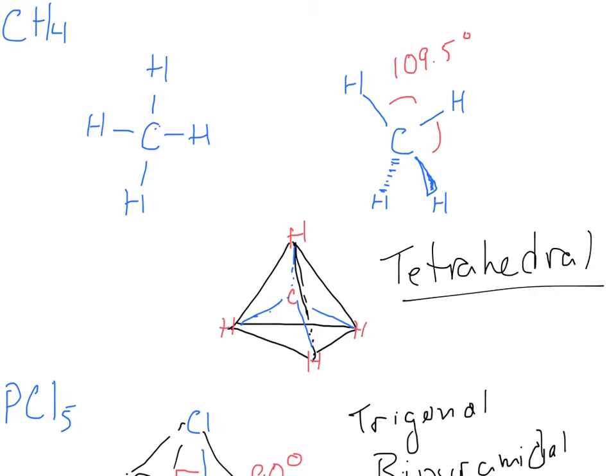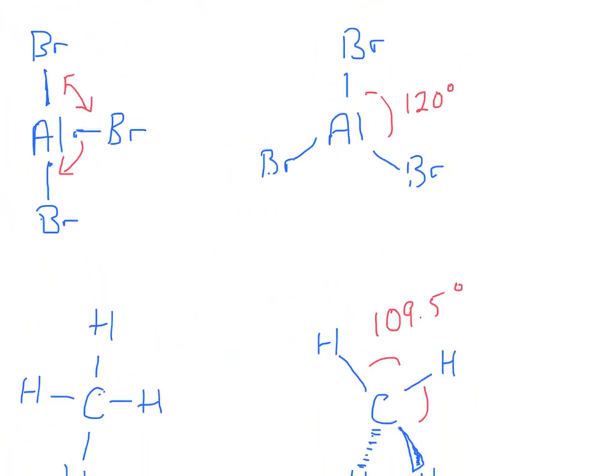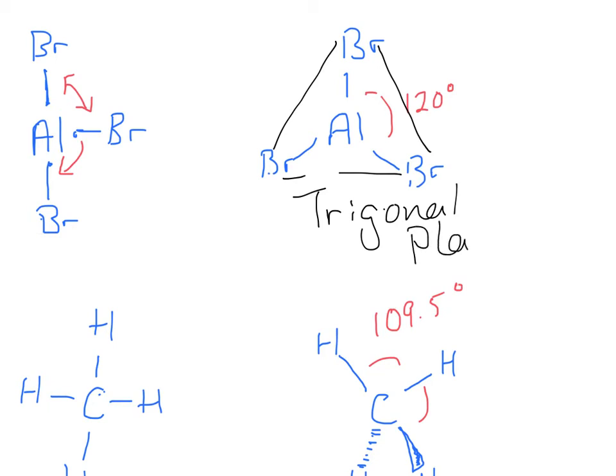Then taking a look at my aluminum bromide, if it forms a shape like this, I can connect it together and it actually just forms a triangle. But we have to be a little bit more specific, so we call it a trigonal planar shape because it's in a plane.